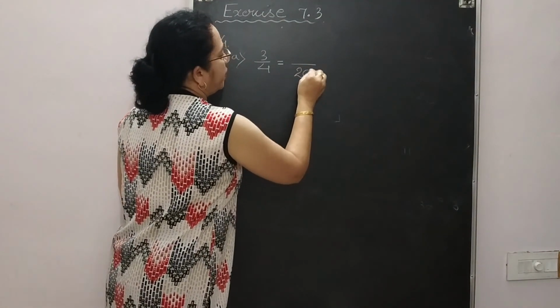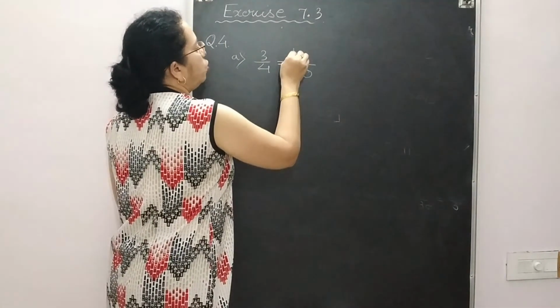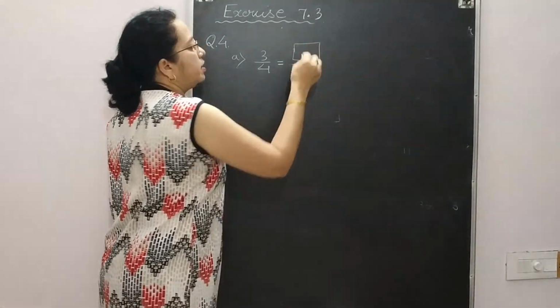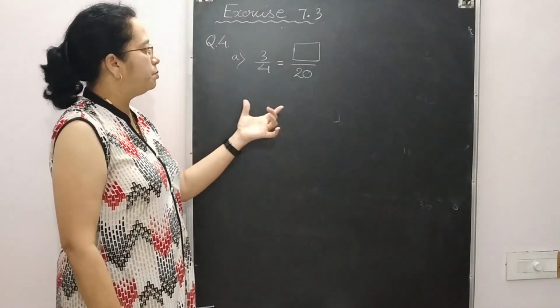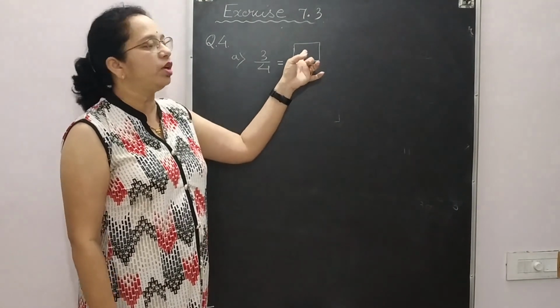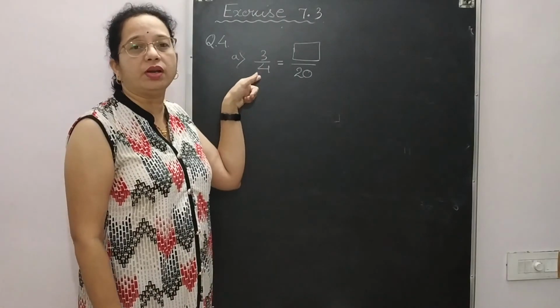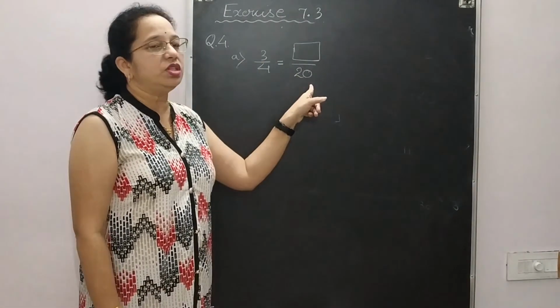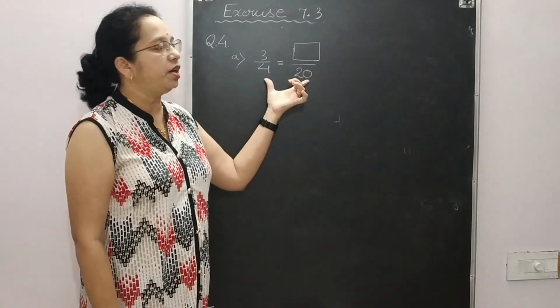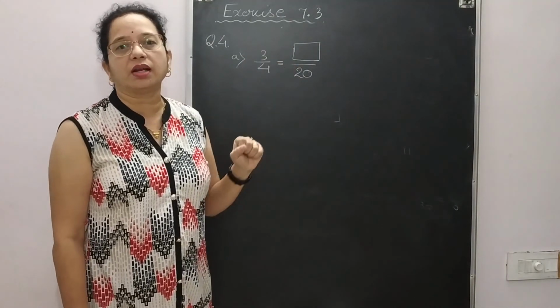So write down denominator 20. It means you need to find out the numerator just like the earlier question. In question number 3, it is already given and you need to replace the box. But in question number 4, you need to find out the equivalent fraction of 3 upon 4 whose denominator is 20. If you write in mathematical form, the questions are the same.